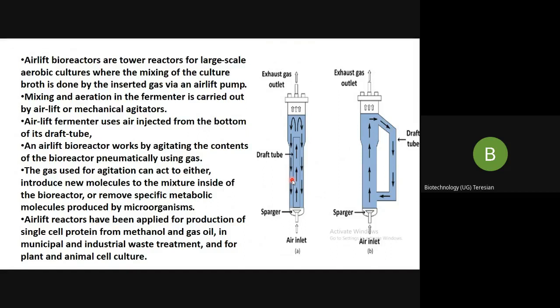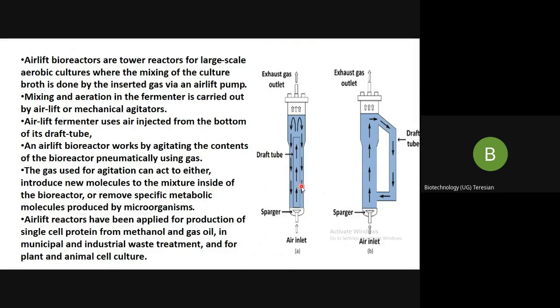The air velocities are low and hence the energy consumption is also low, and they can be used for free and immobilized cells. So it is ideally suited for the aerobic culture since the mass transfer coefficients are high. I told you about the mass transfer coefficient, what it is. So mass transfer devices are those that promote the transfer of oxygen, because here there is gas, right?